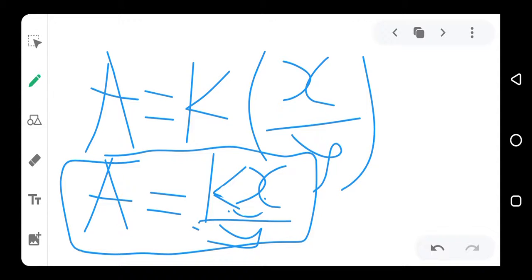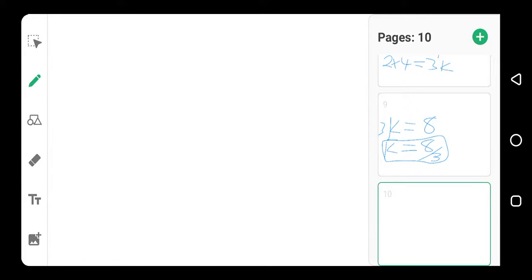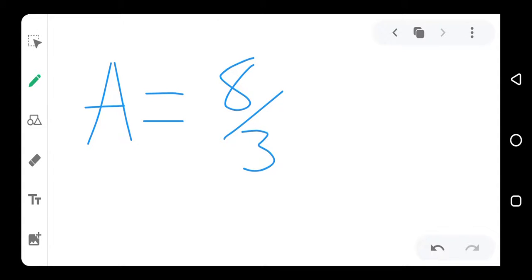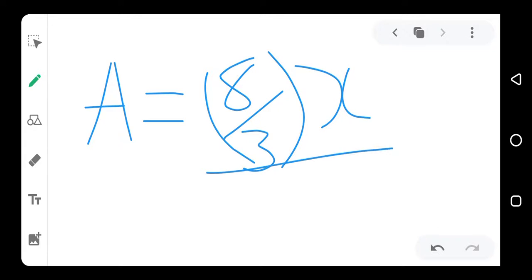So if we put it, that means that A is equal to K, which is 8 over 3, with 8 up as a numerator, multiplied by X, then divided by Y. Now how can we transform this?